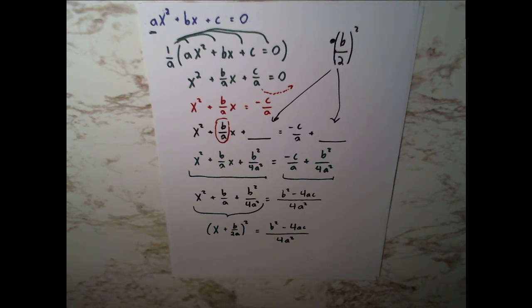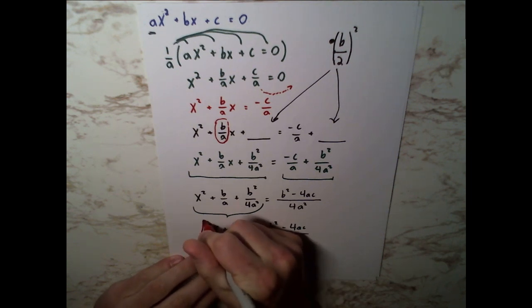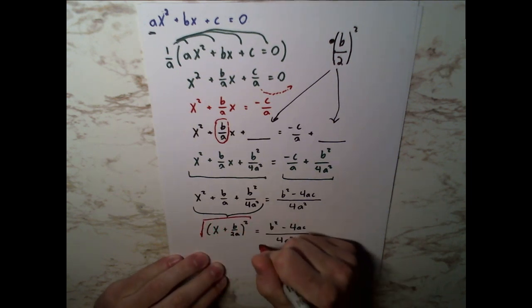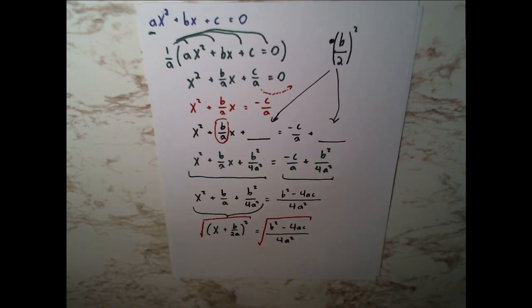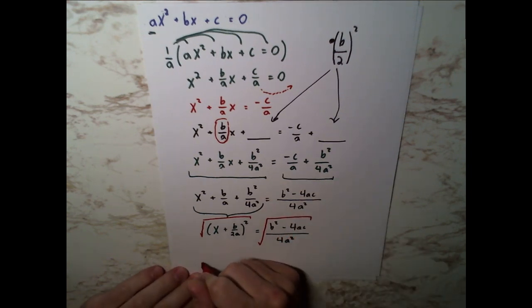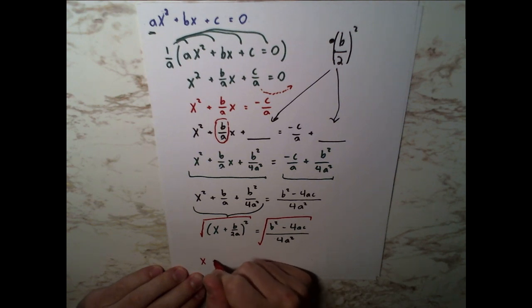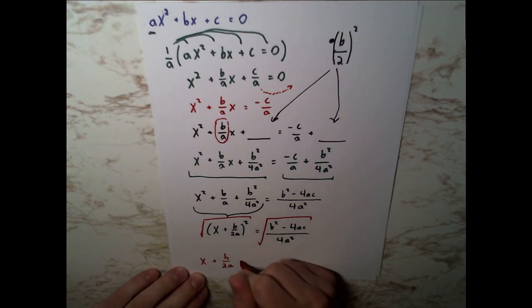So I'll go ahead and do that. Take the square root of this and take the square root of this. So what we're left with is x plus b over 2a, and that's equal to the square root of this expression here.